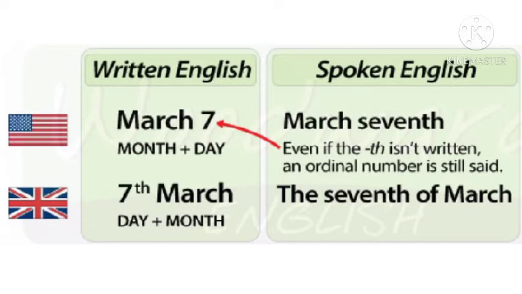While in British English, they write it in ordinal number followed by the month. And in speech, they put the in front of the date. So, it could be the 7th of March. While if you want to write it in numbers, there are different ways in American and British English.